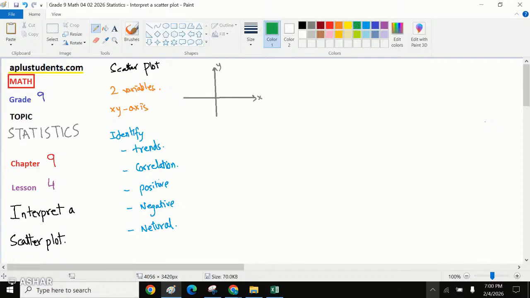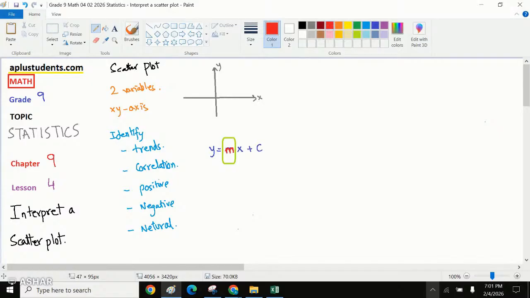We know that the linear equation of a line is always y equals mx plus c, where m represents the slope or the gradient.